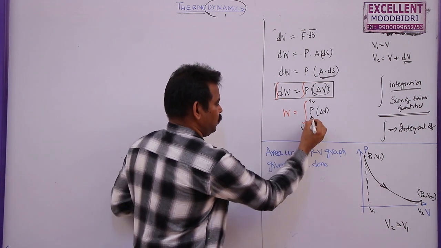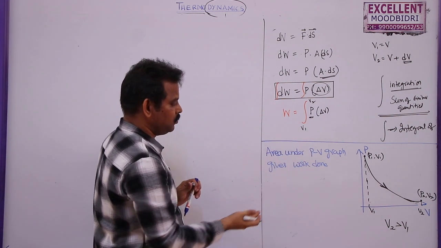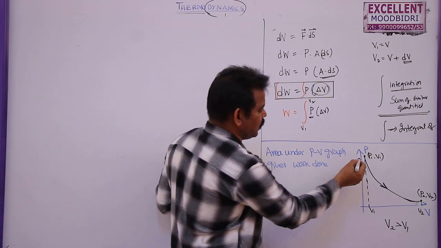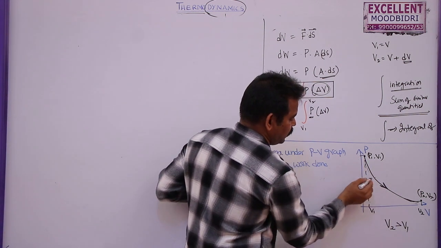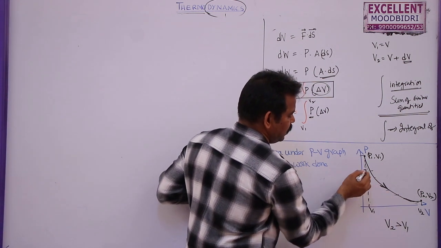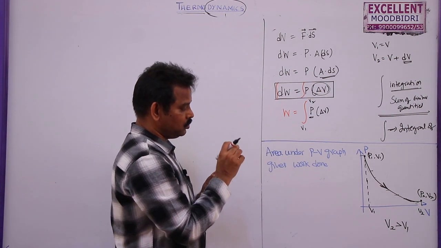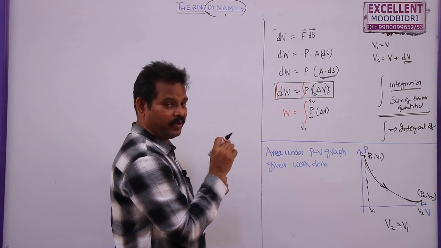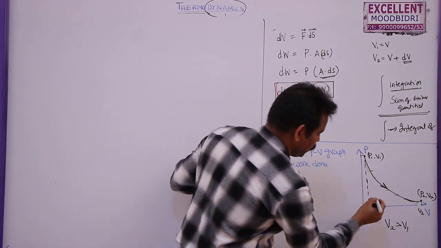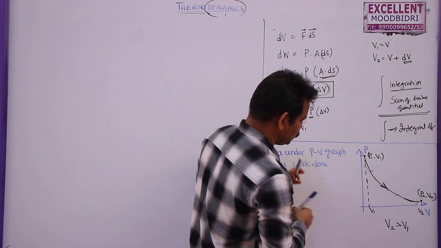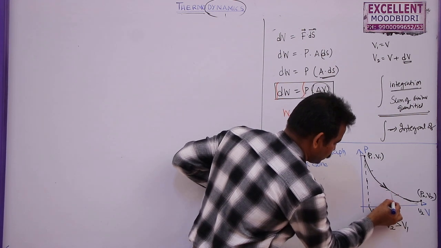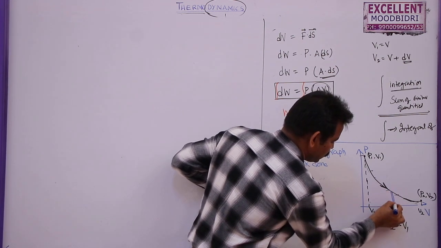But if you want to take a constant pressure, we cannot take a constant pressure. Why? Because here pressure P1, here pressure P2, P3, P4, P5, at different points the gas has different pressures. That's why we need to choose a small elemental portion where pressure is almost constant. Let me take one region here where pressure is almost constant.